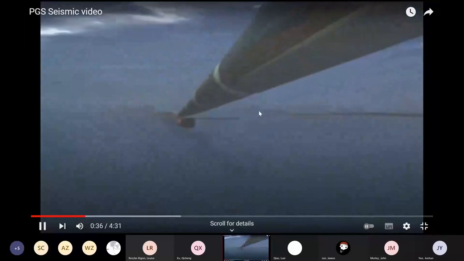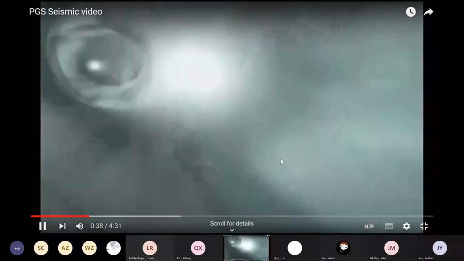Those are the streamers. It shows them maybe 6 kilometers long.